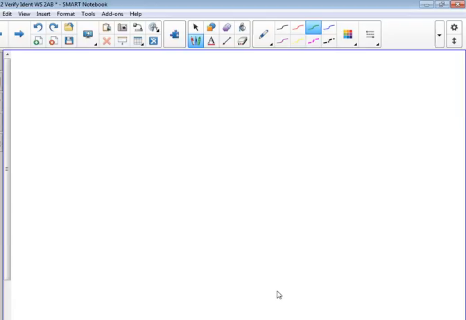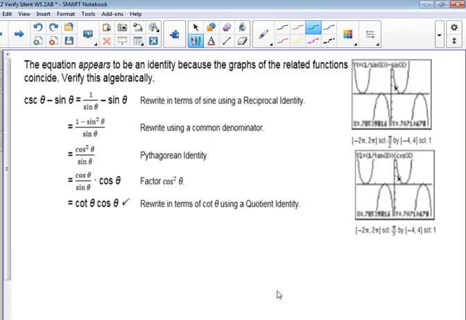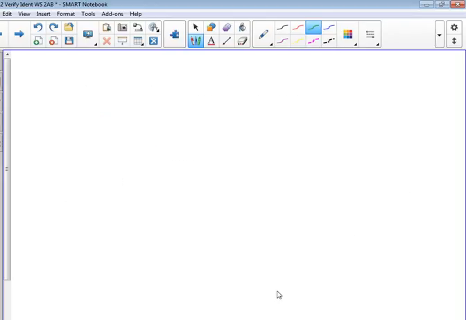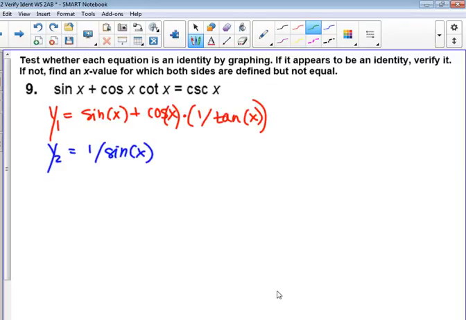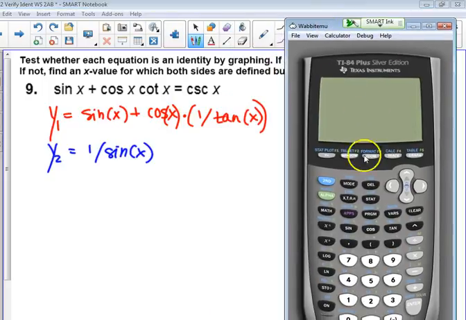Oh, they worked with the right-hand side. They did the right-hand side instead of the left-hand side. Okay. Oh, they just wrote it out funny? Okay. Anyway, moving on. Number 9. I don't have much time left.